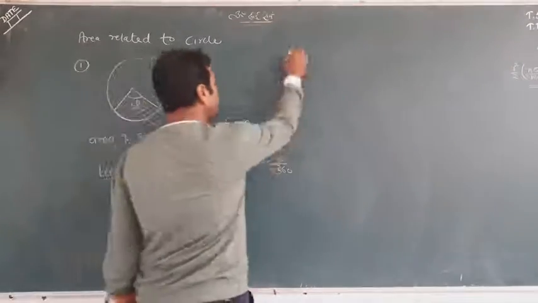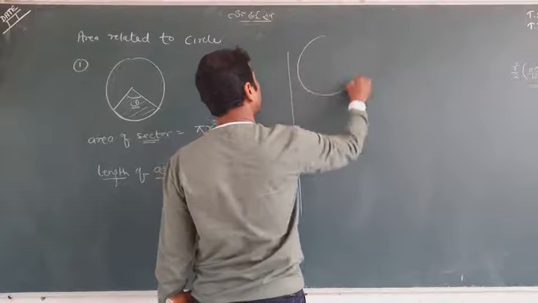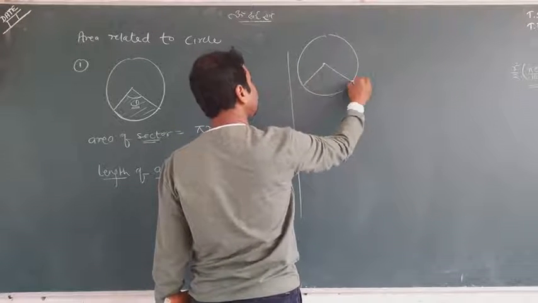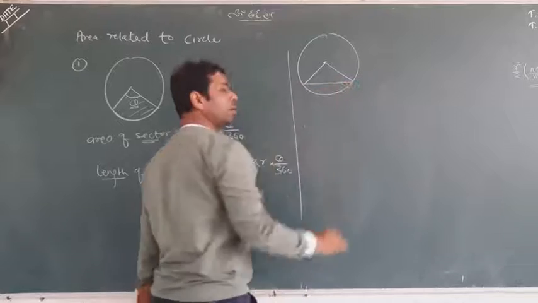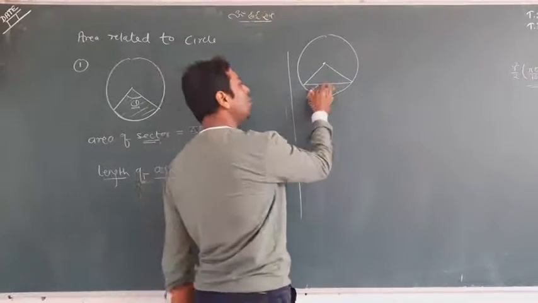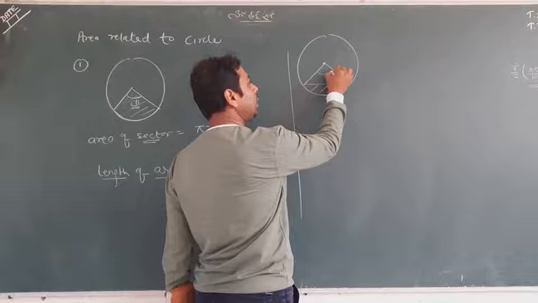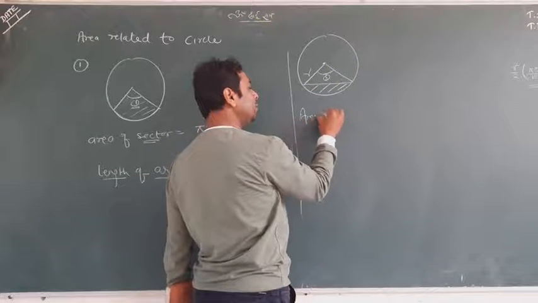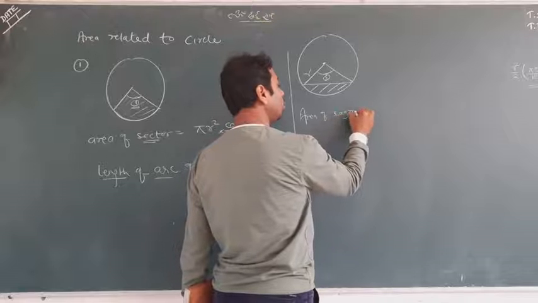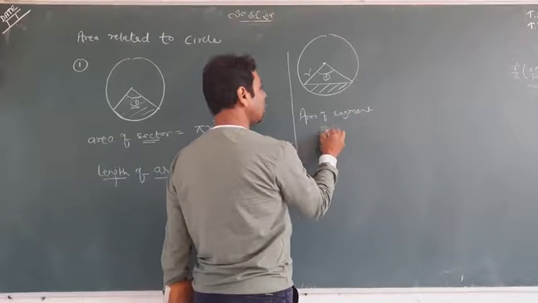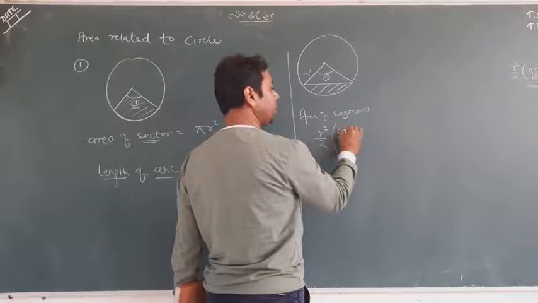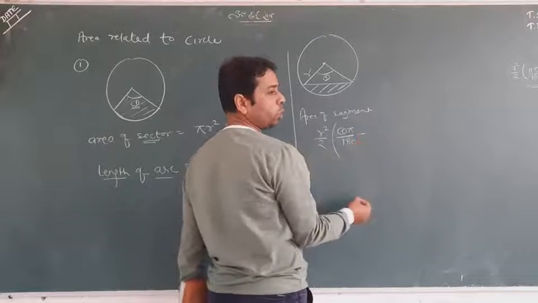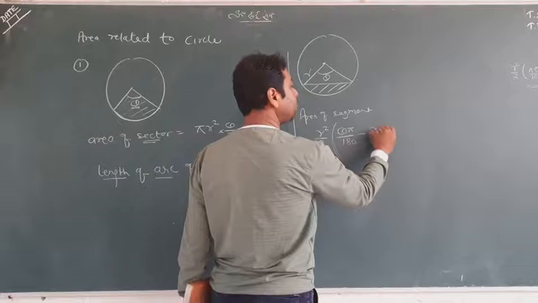And the third formula is the important one. This is the center, these two are radii, and if I make a chord, this is called the segment. When theta is given and radius is given, the area of segment is r square by 2 into theta pi upon 180, or pi theta upon 180, whatever you can write, minus sine theta.